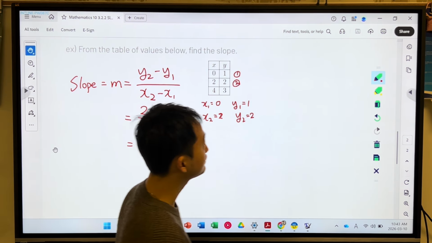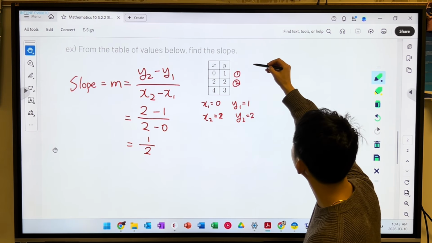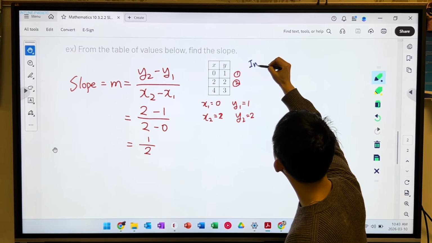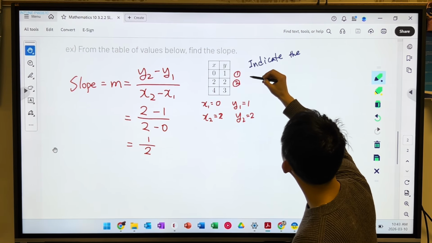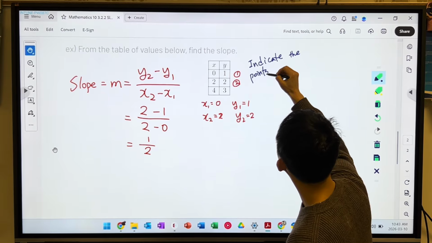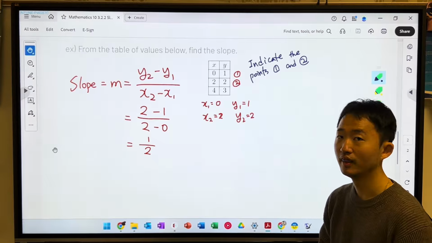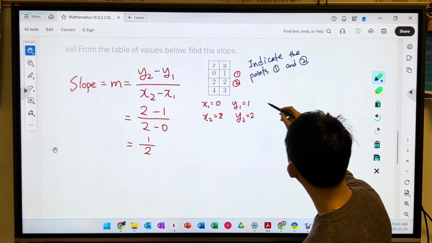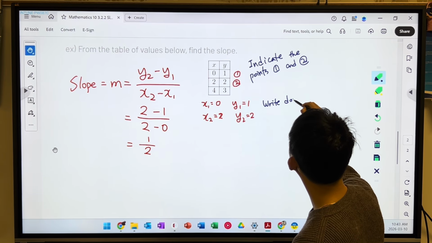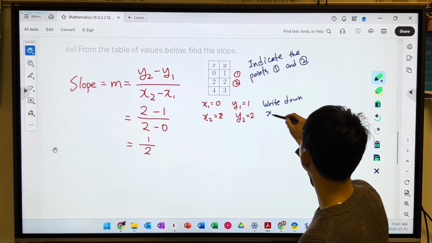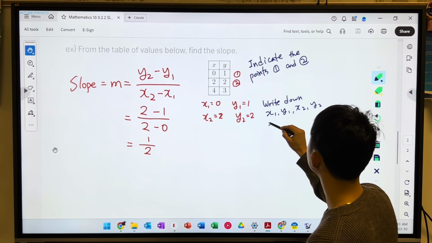Let's annotate the process. The first thing that I did was indicate the points 1 and 2. And then I identified and wrote down x1, y1, x2, y2 explicitly.